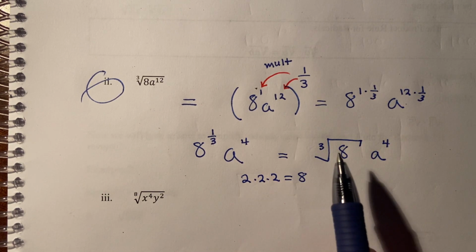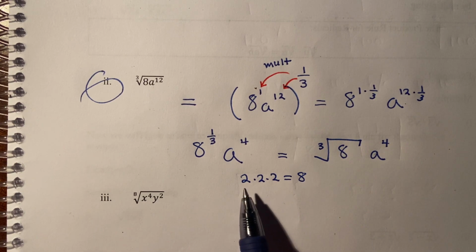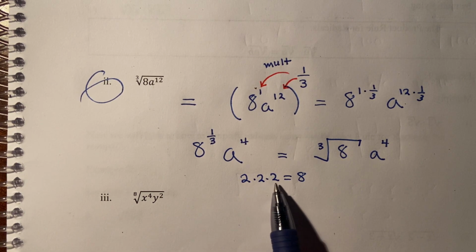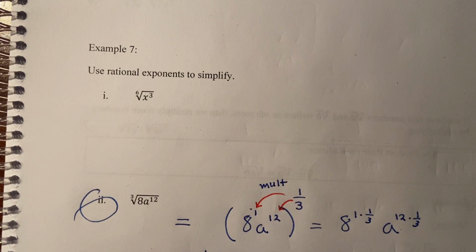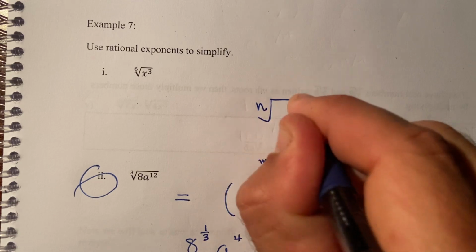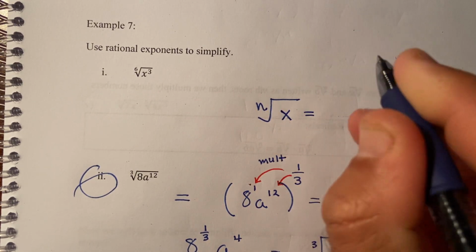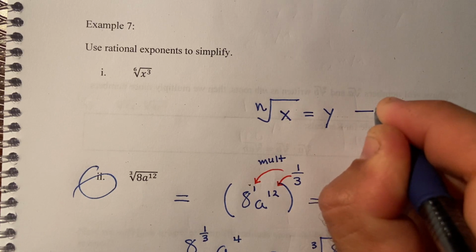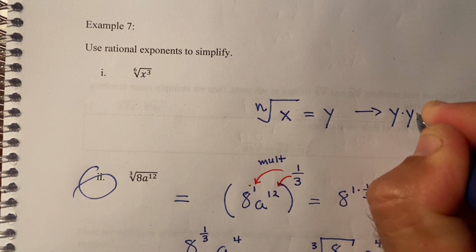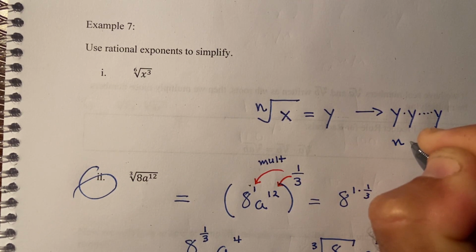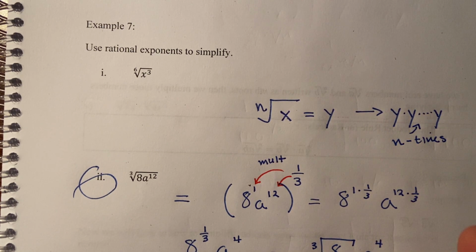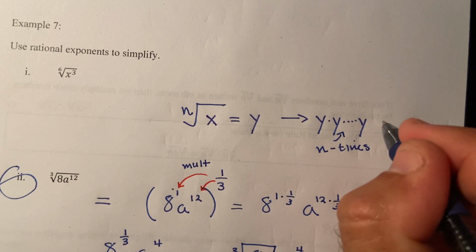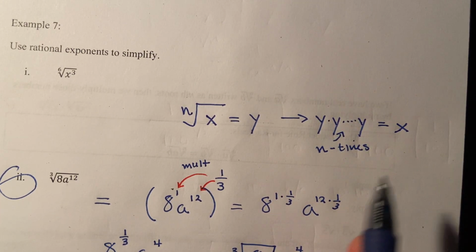So that's basically what a root means: if you have some nth root of a number, you're looking for a number that multiplies n times to produce this number here. Okay, so just to summarize, if you have the nth root of x equals some number y, that means y times dot dot dot y, n times, so n multiplications, would multiply up to x.